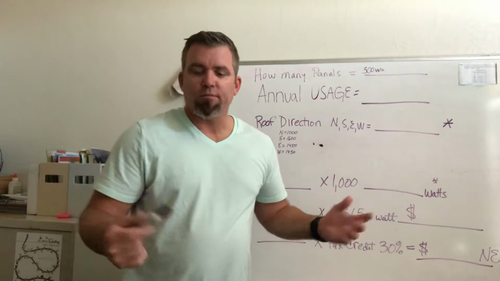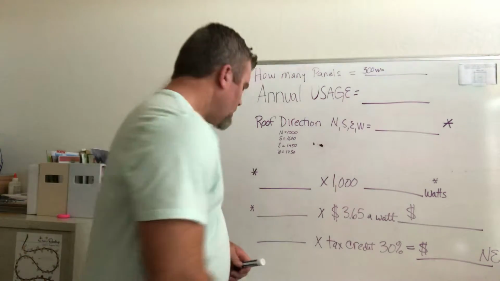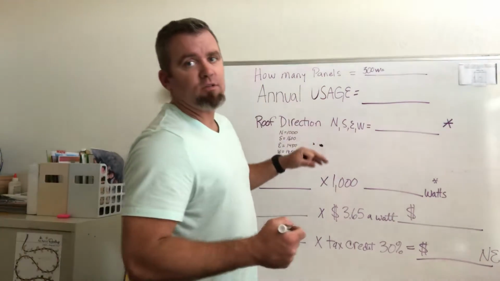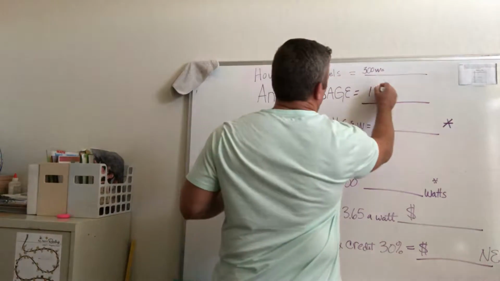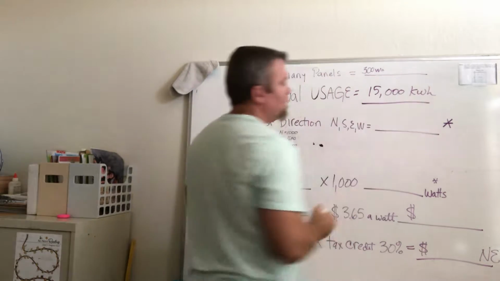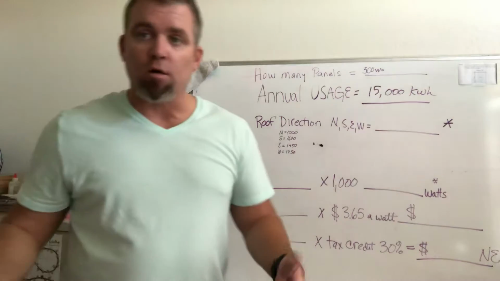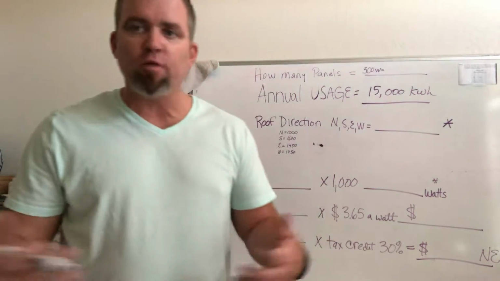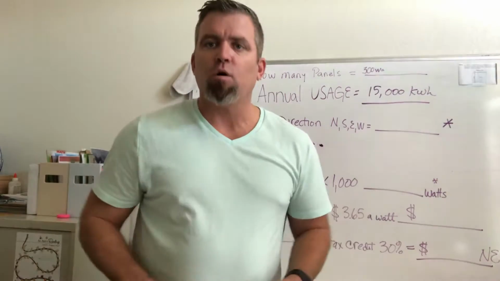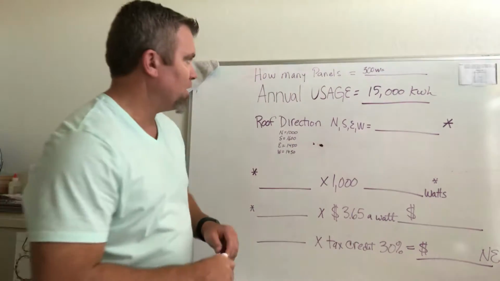I'm going to use just a generic example. Let's say our annual usage is 15,000 kilowatt hours for the year. You might have a summer month of 2,000 kilowatts, you might have a winter month of 900, but through the 12-month history, we have 15,000 kilowatts.